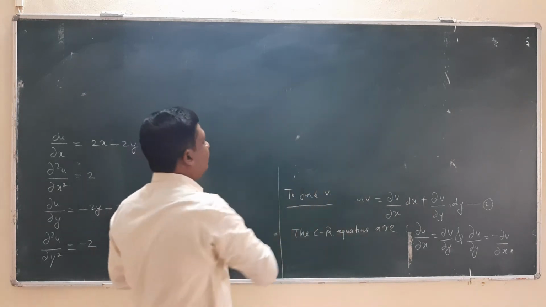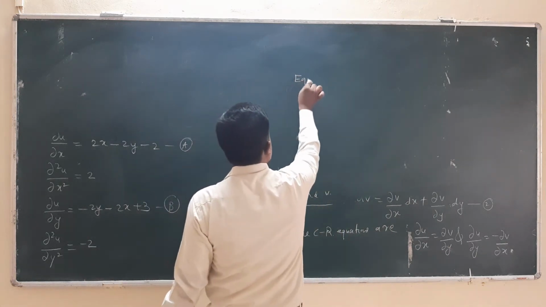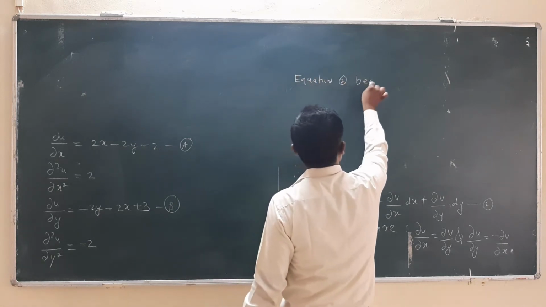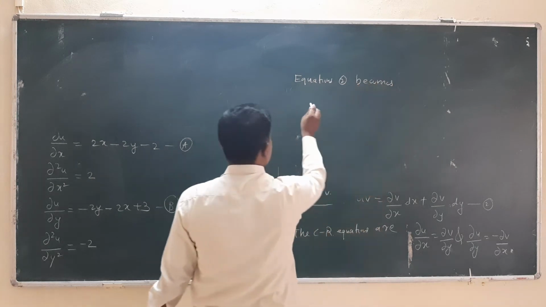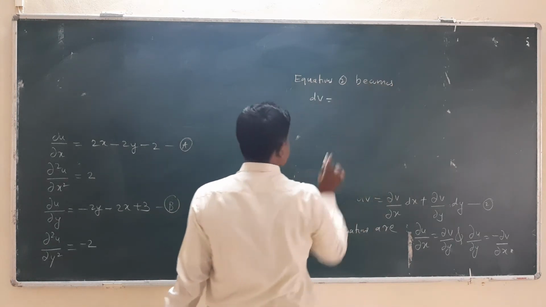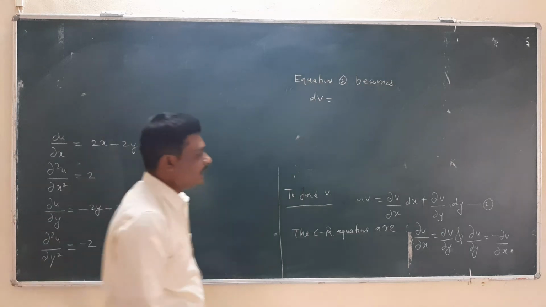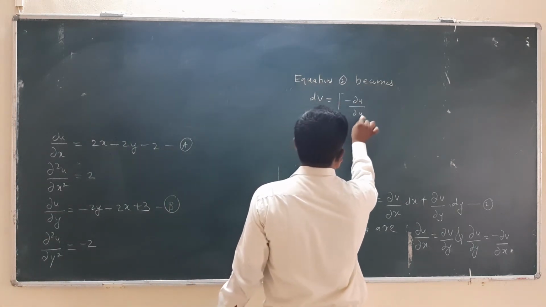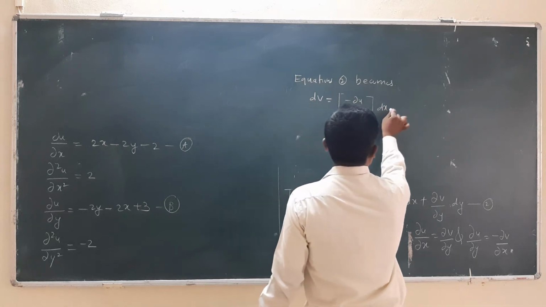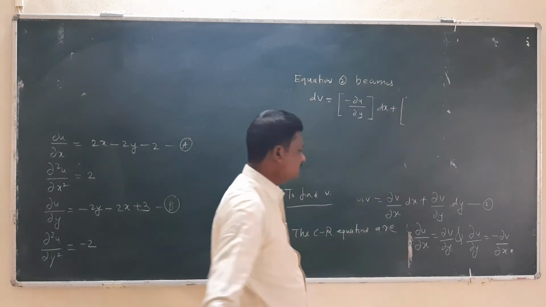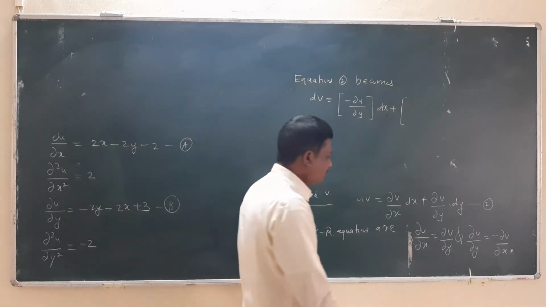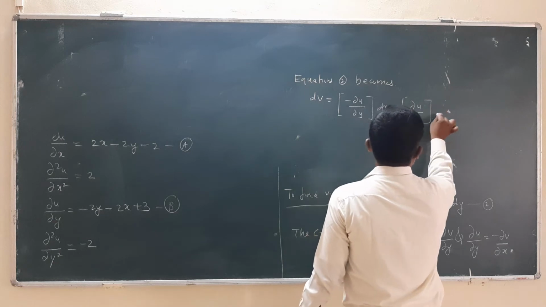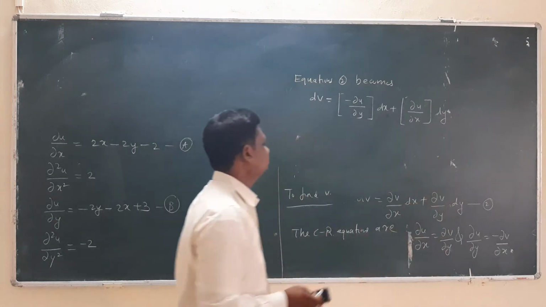So equation number 2 becomes dv is equal to dou v upon dou x, which is minus dou u upon dou y, into dx plus dou v upon dou y, which is dou u upon dou x, into dy.